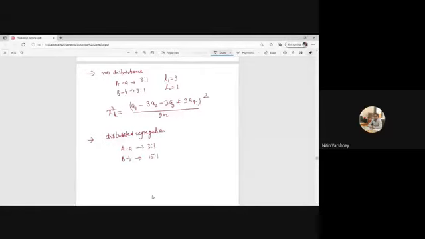We know that is in case of duplicate gene interaction, so this 15 to 1 will be there.